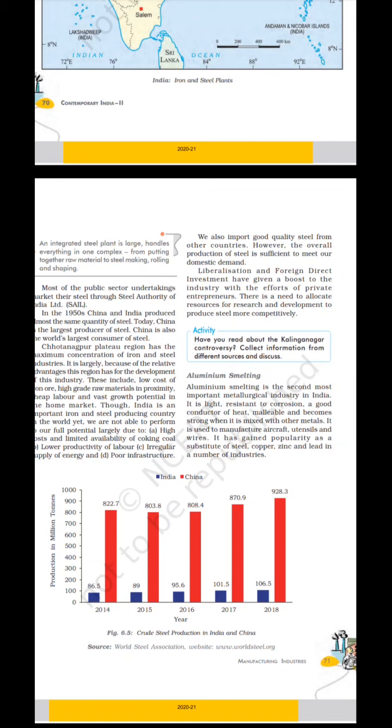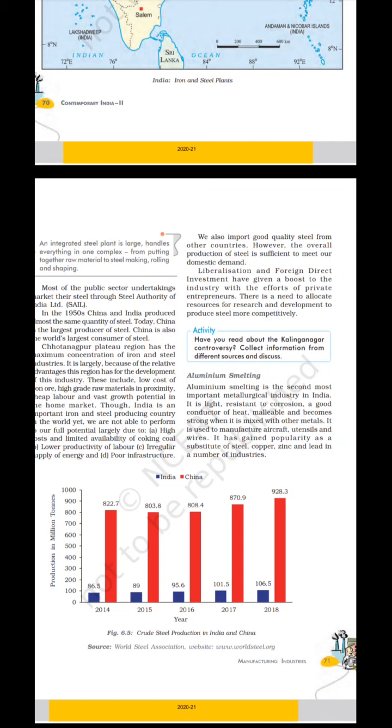The blue color refers to India and the brown to China. An integrated steel plant is large, handles everything in one complex, from putting together raw material to steel making, rolling and shaping. Most of the public sector undertakings market their steel through Steel Authority of India Limited.